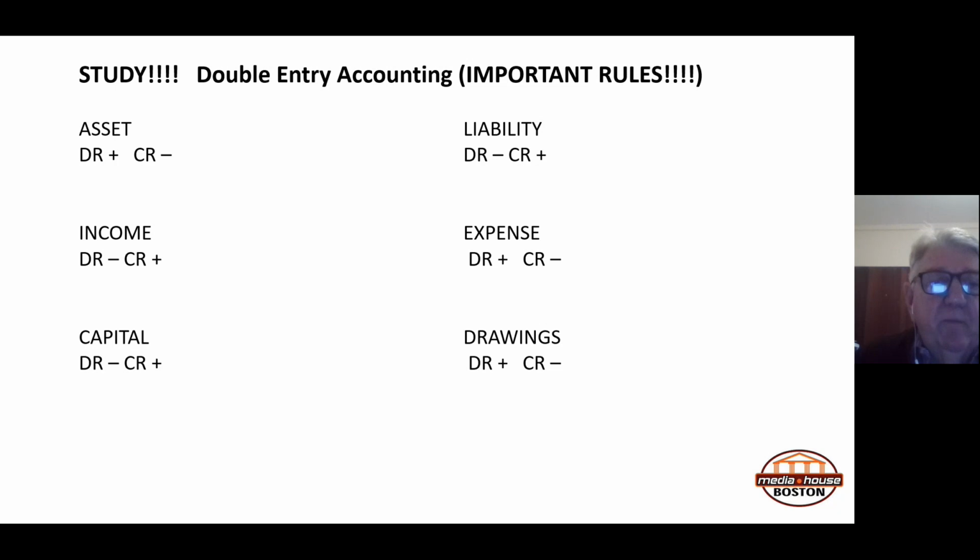So if this is my bank, I'm struggling to write with the mouse, but I'm trying my best. This is my bank.